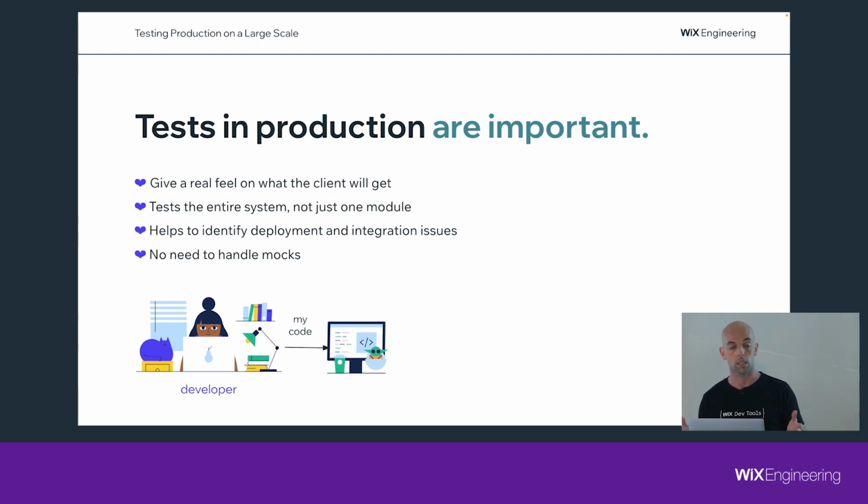We are testing the entire system, not just one module, but how my module is interacting with other ones. It helps me identify deployment problems, because if I need to work on a real server, I need to deploy it first, not on a mocked one in a contained area. And I don't need to handle any mocks at all, because every time something changes, the entire production will change, and then my test will change with it.